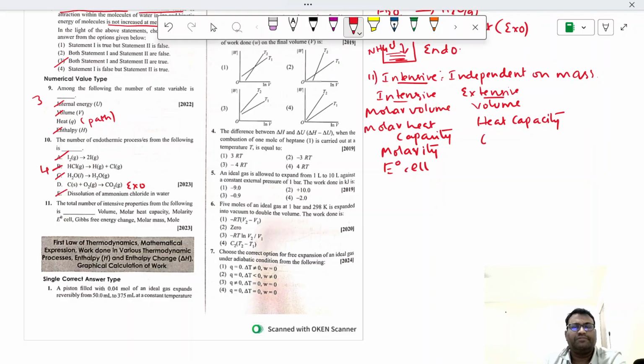Gibbs energy is an extensive property. Molar mass, the mass of 1 mole of the substance, is an intensive property. Mole is extensive, since if the mass changes, the number of moles changes.